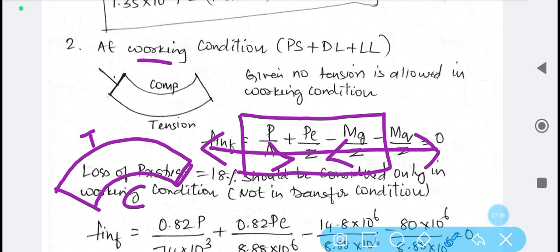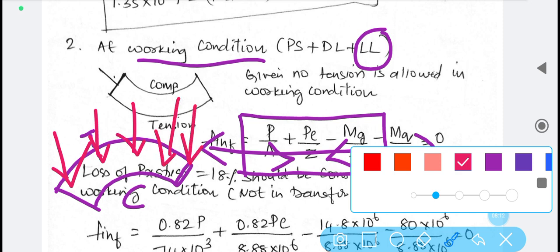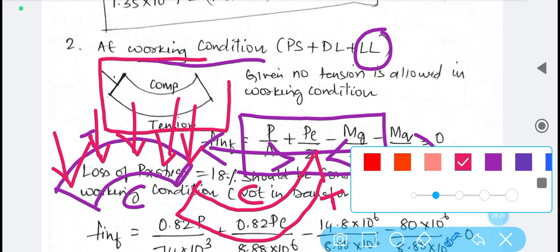And here in the working condition, you are subjecting it to a loading condition. You are applying the loads externally. As a result of applying the loads externally, what happens? Due to the application of the load, the beam tends to bend in this fashion, which means tension gets shifted to the bottom fiber and compression shifted to the top fiber, that is C, and that is what the sketch written here on the left side shows.